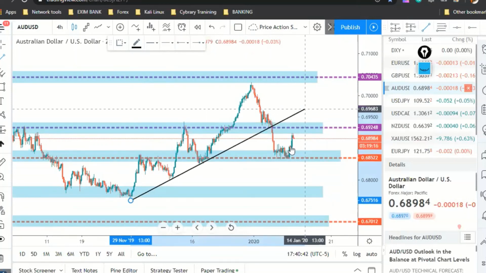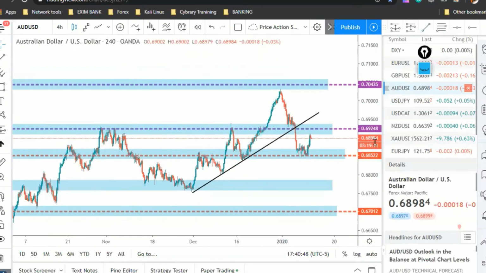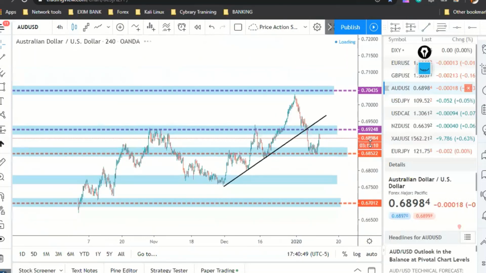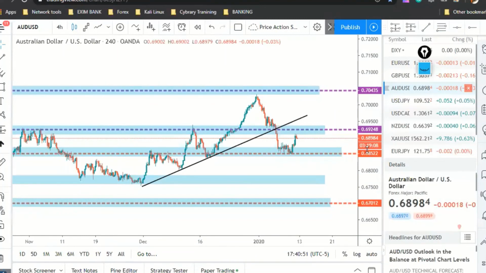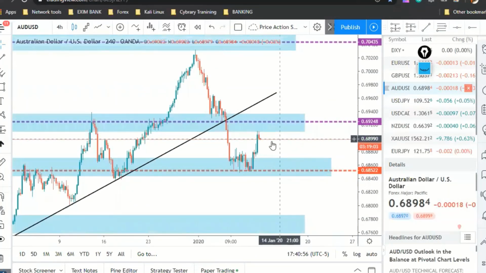All right. Any questions? As you can see, the market is open right now, and indeed, price is reversing from the zone already. So, just to show you that the concept is legit, it's working.